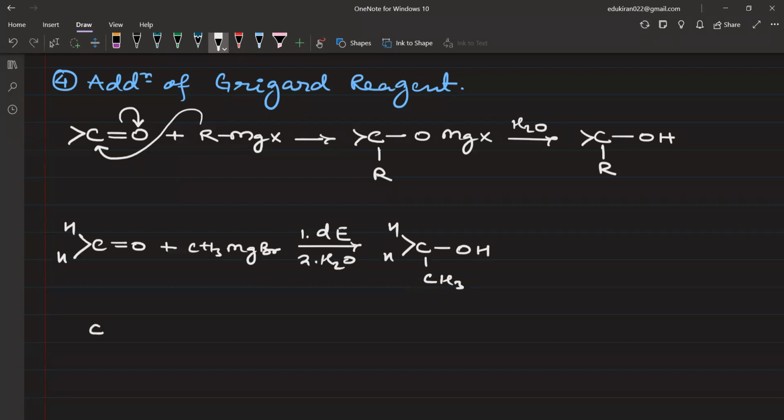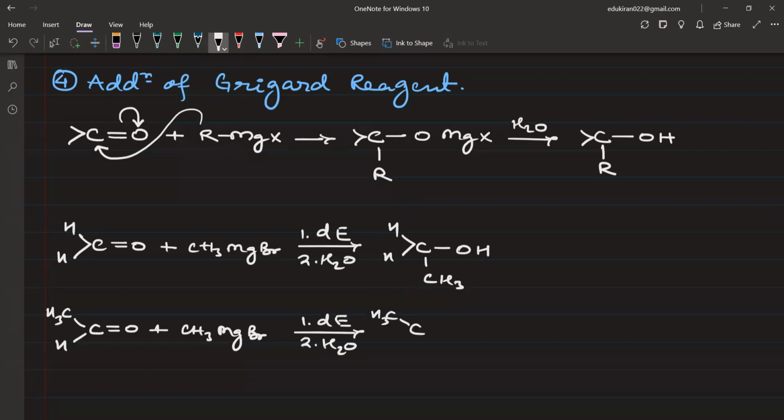If you have any other aldehyde, CH3, and this is hydrogen, double bond O plus CH3MgBr, in the presence of dry ether, second step is water. You'll have carbon, the CH3 as it is, the hydrogen as it is. This carbon atom will get a CH3 from the Grignard reagent, and OH. As you can see, formaldehyde gives 1 degree alcohol. All the other aldehydes are going to give you 2 degree alcohol.